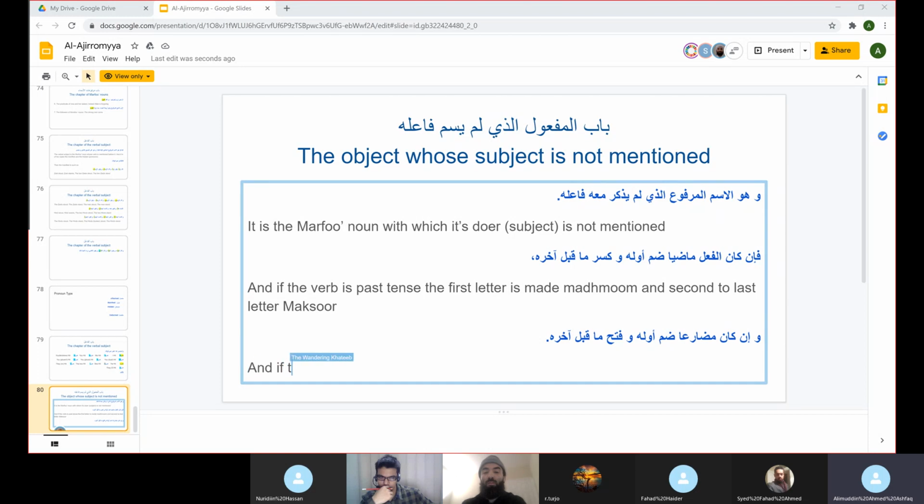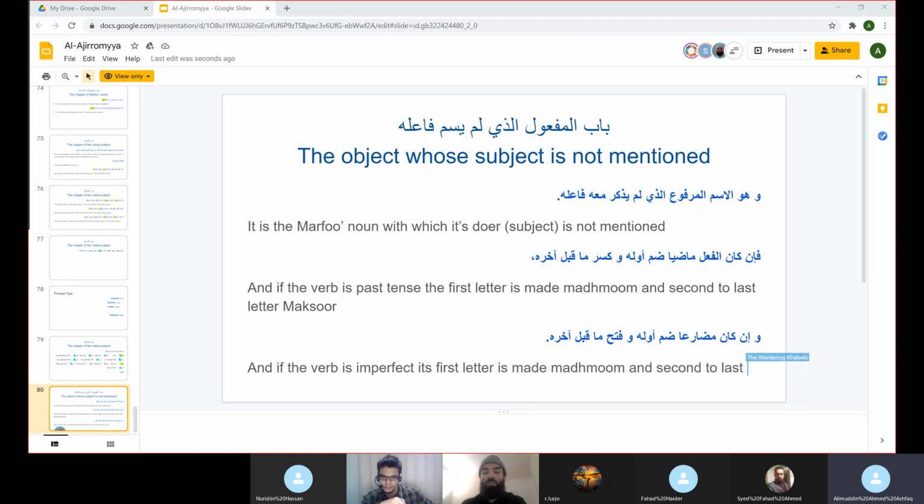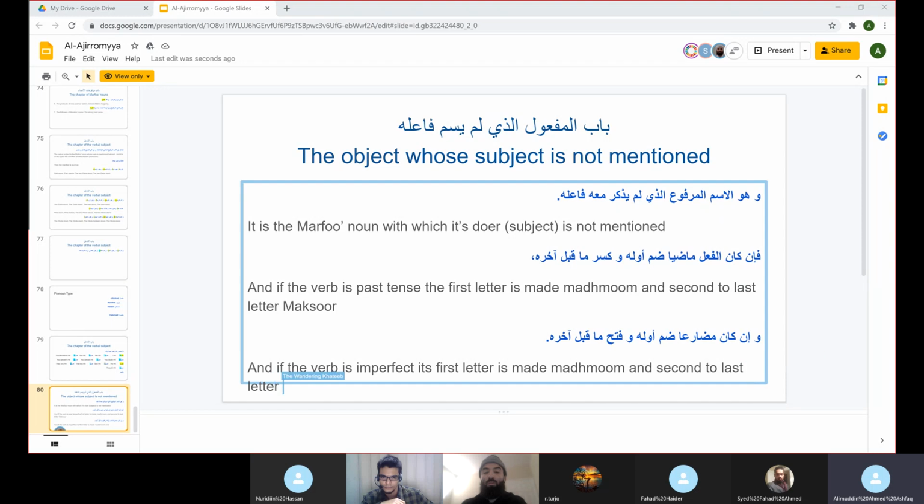And if the verb is imperfect, its first letter is made madmum and the second to last letter maftuh.